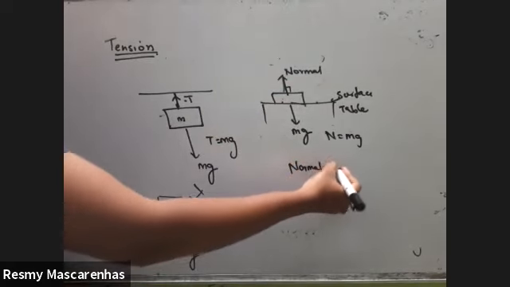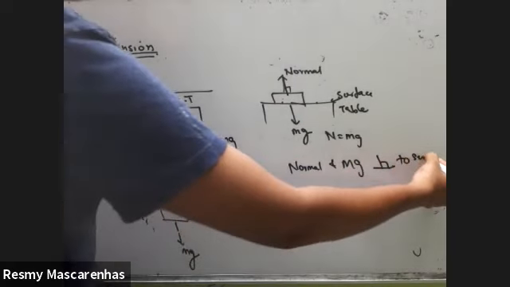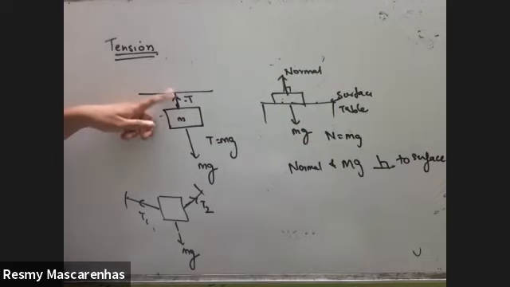Normal and mg should be perpendicular to the surface. Even here, the string should be making a perpendicular angle with the surface. Now, suppose this line is not perpendicular, then what to do? We'll see the next problem.